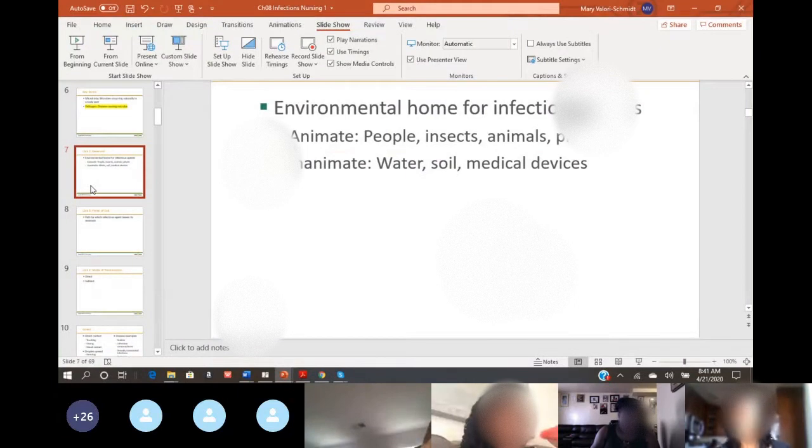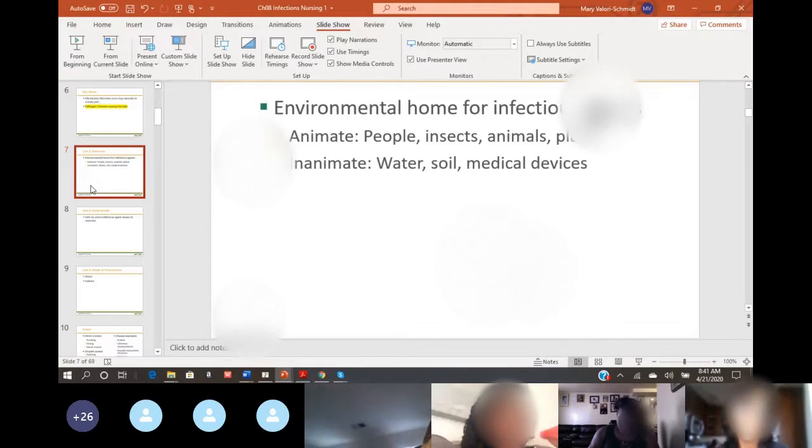So environmental homes for infectious agents, what does that mean? Animate and inanimate. Animate means things that are living. Inanimate means things that are not alive. So certain bacteria, viruses, and fungi can live on animate things like people and insects.